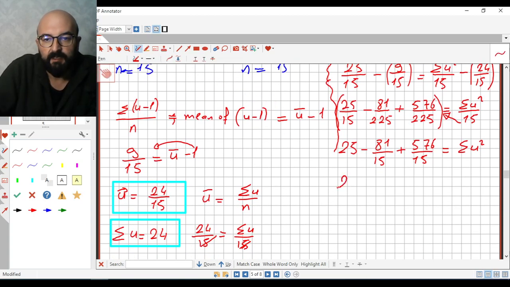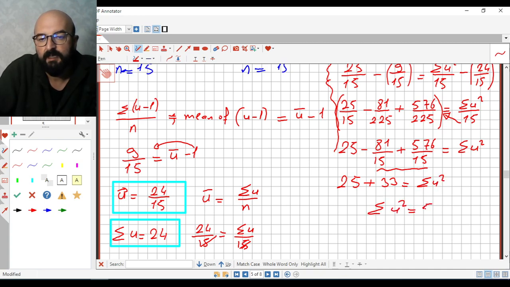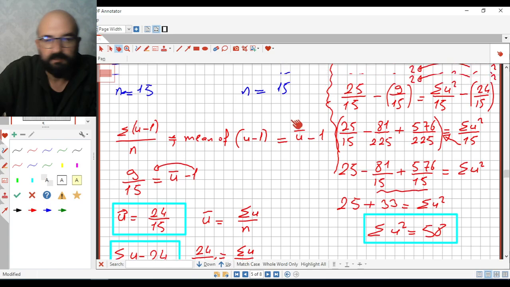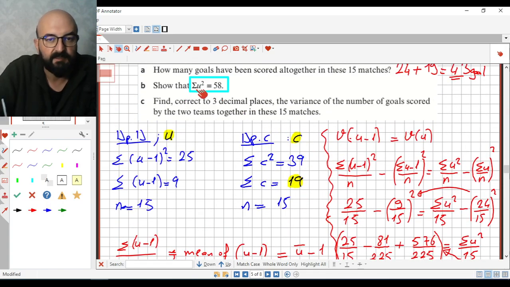And 25 plus 33, the sum of u square is 58. And also they set the sum of u square 58.